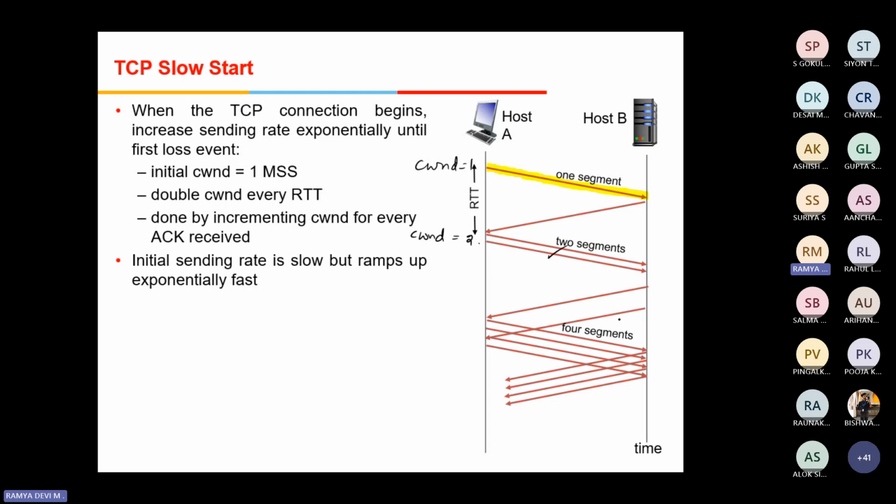For both the packets, I'm getting an acknowledgement. Again, I can double. Okay, so 4 packets can be transmitted. For all 4 packets, I get the acknowledgement. Say, for example, my threshold value is 4. Once it reaches the threshold value, the slow start state will end and the TCP will enter into the congestion avoidance state.